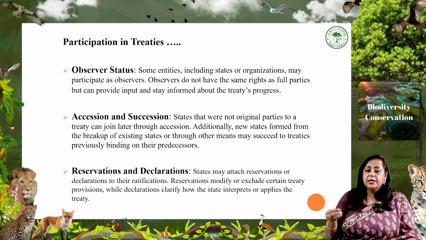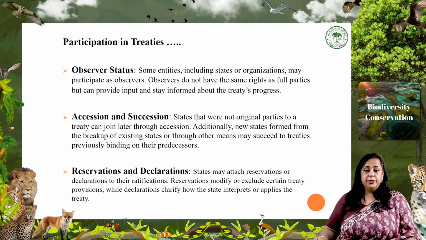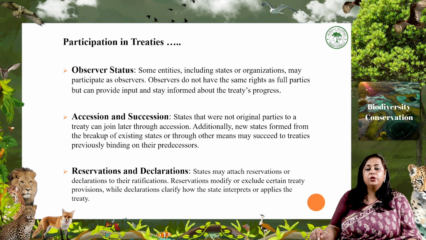So, accession: states that were not original parties to a treaty can join later. Additionally, new states formed from the breakup of an existing state or through other means may succeed to treaty provisions binding on their predecessors.